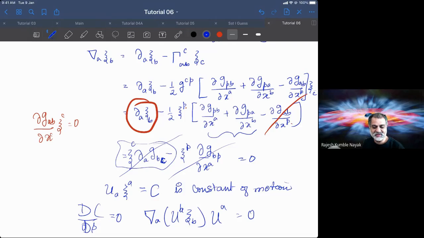You don't have to align your coordinate system along the cyclic coordinate. You could have any direction as long as you can identify the vector corresponding to the cyclic coordinate. You can take the directional derivative along that and set it to 0. So that is the basic idea. Okay, any more questions?